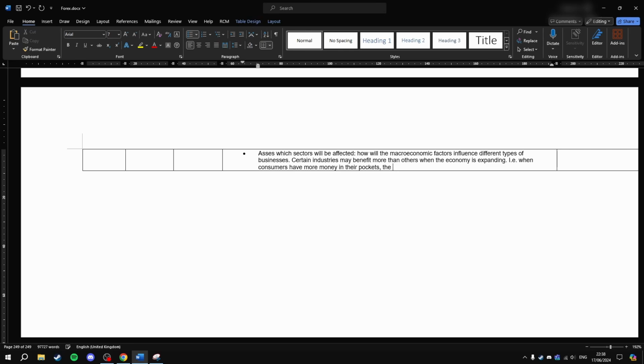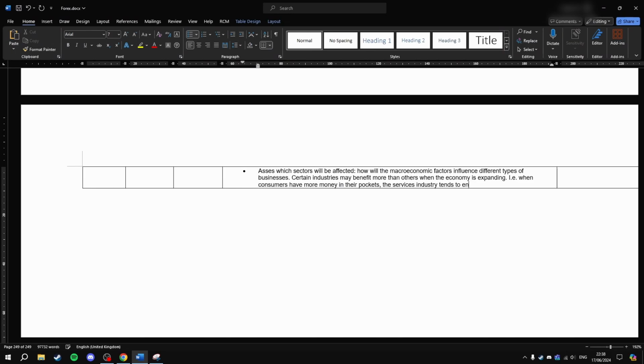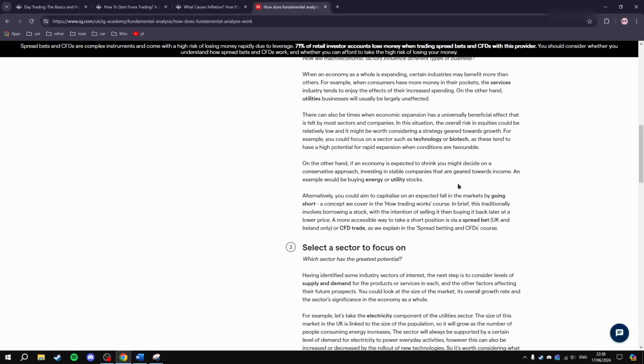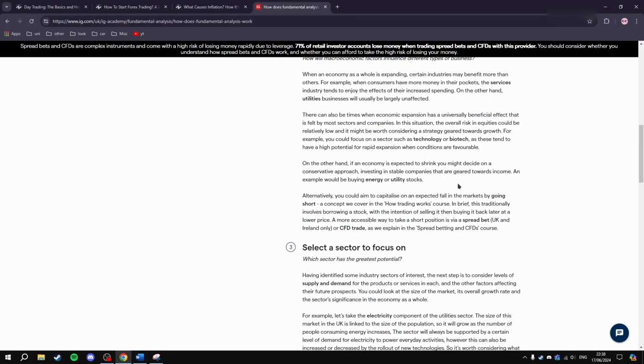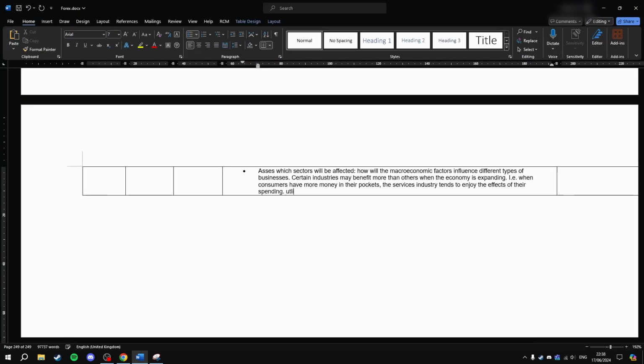The services industry tends to enjoy the effects of their spending. Utilities business will usually be largely unaffected.